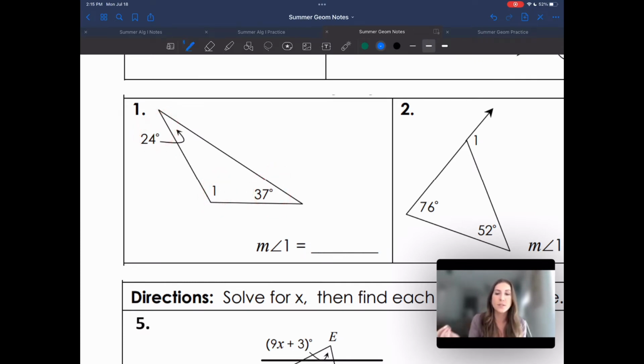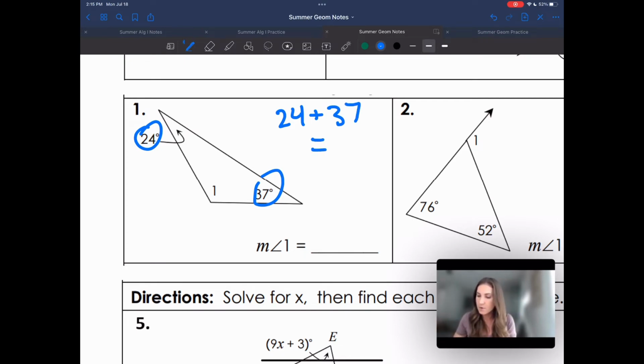So the best way to do this would be to add up the two that they give you. So let's do 24 degrees plus 37 degrees. What's that going to give us? 24 plus 37, we get 61 degrees. Okay, so we have a total of 61 degrees so far. So between those two and this third one, they have to add to 180. Easiest way to do that from here is take 180 degrees and subtract off the 61 degrees we already have.